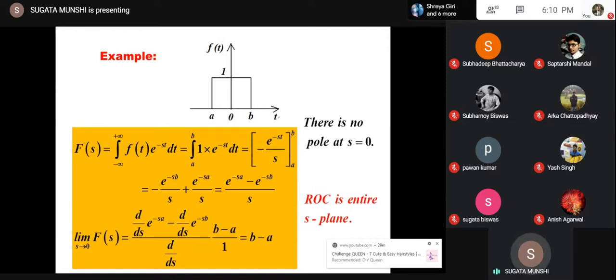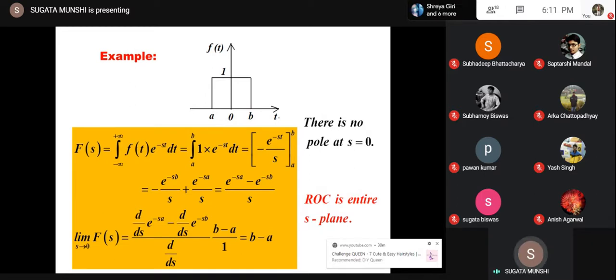Is it apparent that there will be a pole at s equal to 0? If there is a pole at s equal to 0, it implies that the ROC is not the entire S plane. But this is a finite duration signal, so according to the property that I have just discussed, the Laplace transform will have the ROC as the entire S plane.